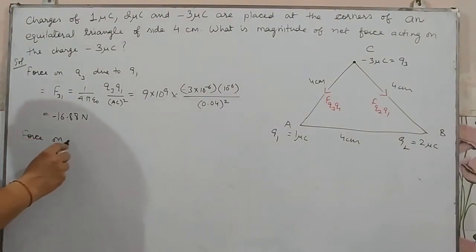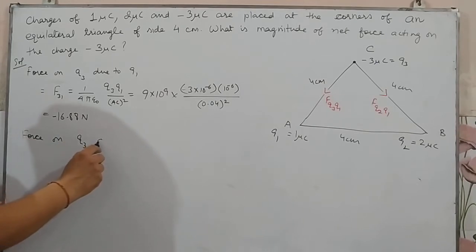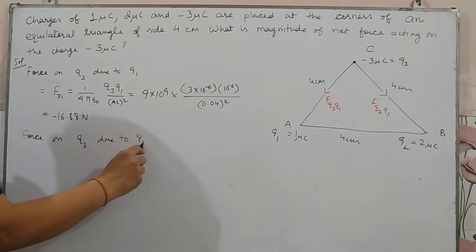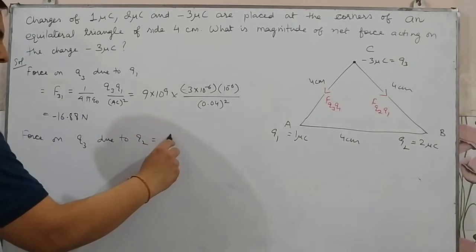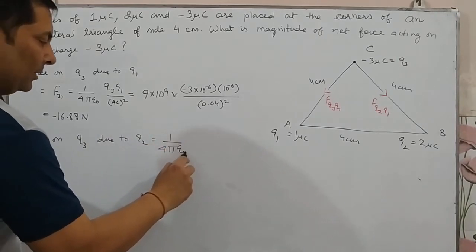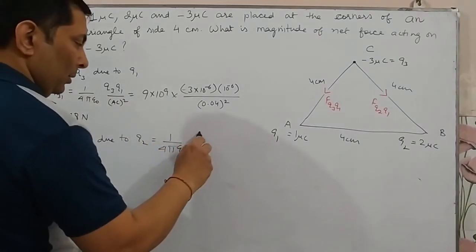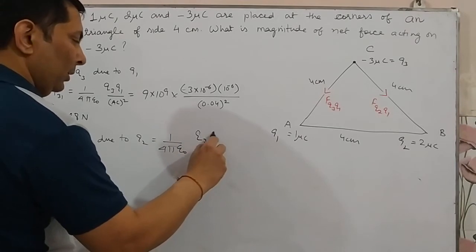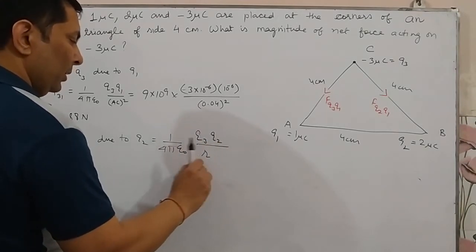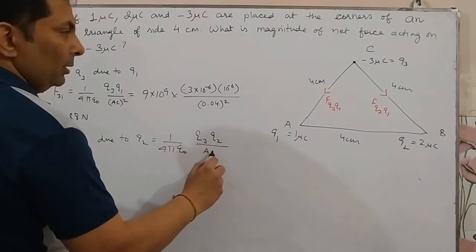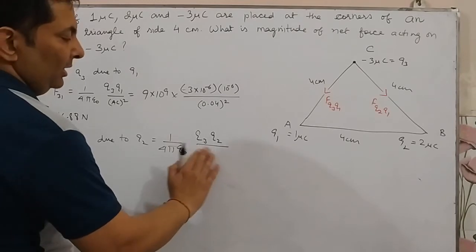The magnitude of force on Q3 due to Q2 is given as 1 upon 4 pi epsilon naught Q3 Q2 divided by, I think, BC square.